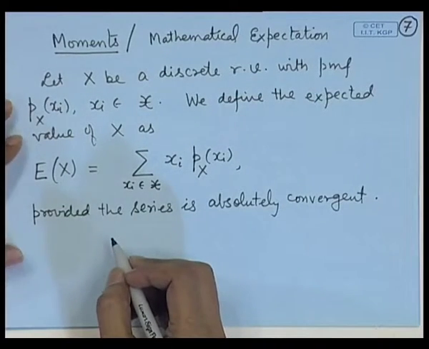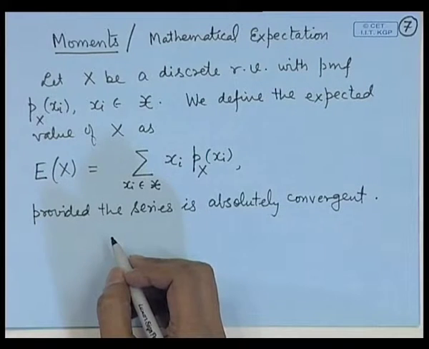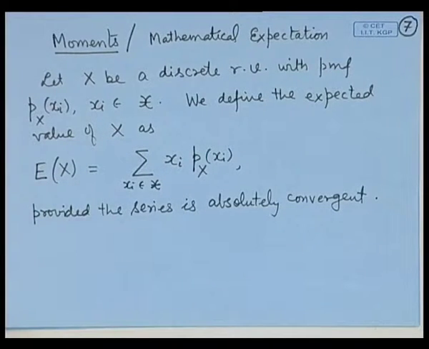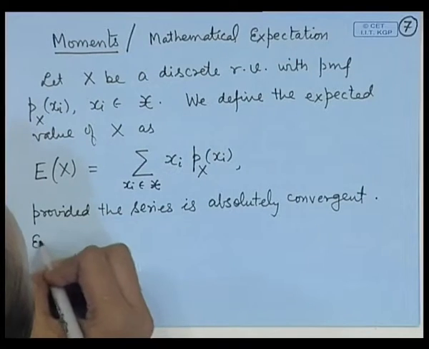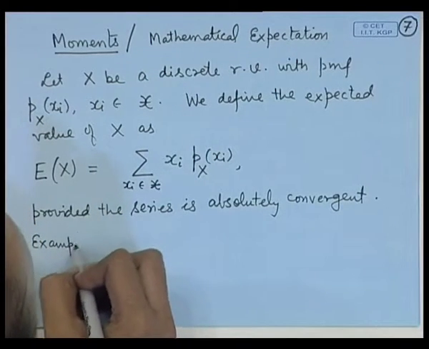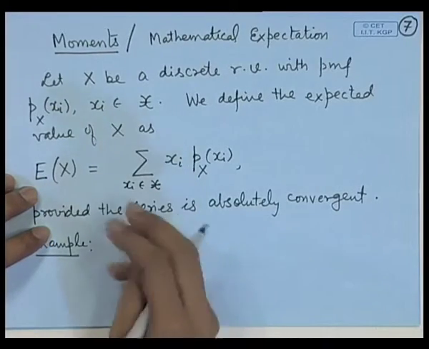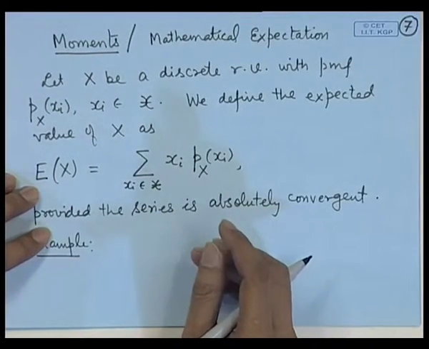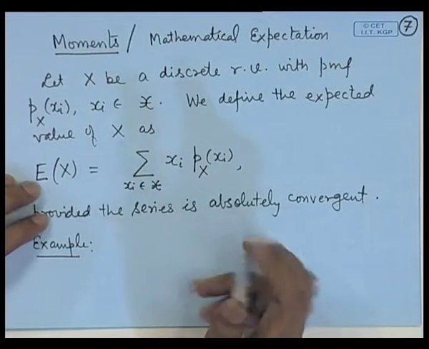Let us consider some examples. Let us take the example of defective computers purchase. That means a store had a certain number of computers and a person purchased 2 computers.